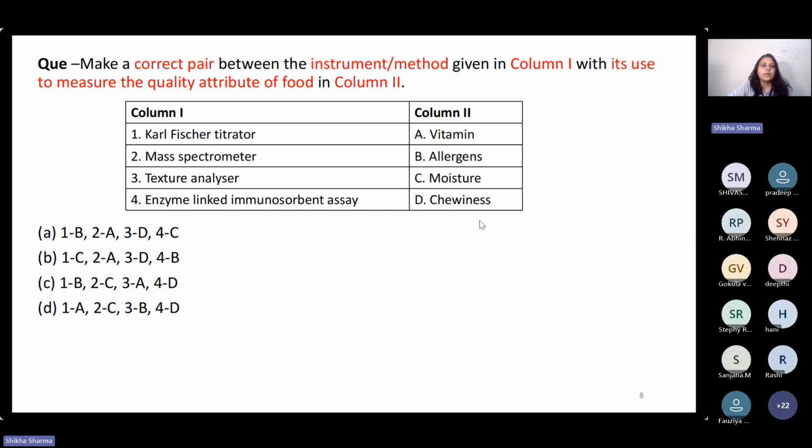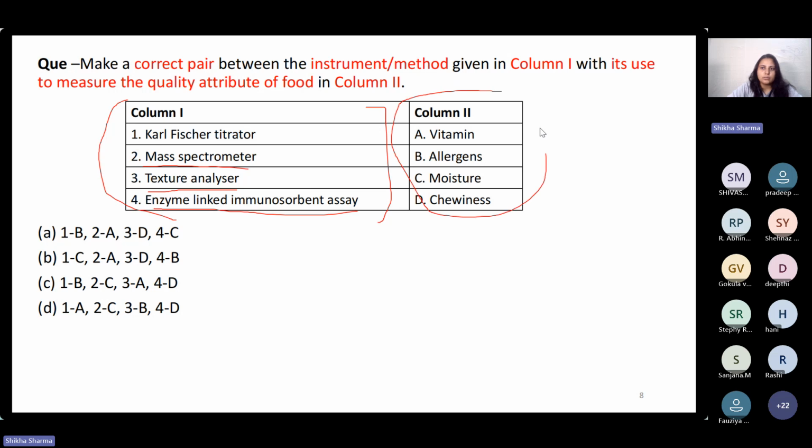Okay, make a correct pair between the instruments or the methods in column 1, which are four methods. Karl Fischer titration, second is mass spectrometer, third is texture analyzer, and fourth is enzyme linked immunosorbent assay, which is ELISA.